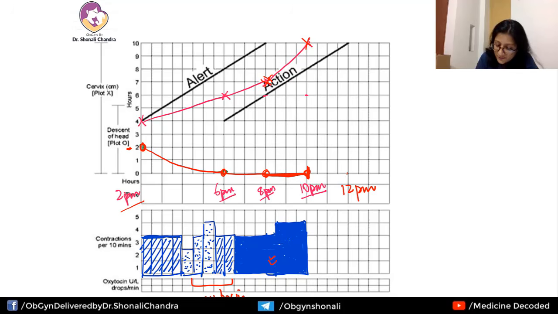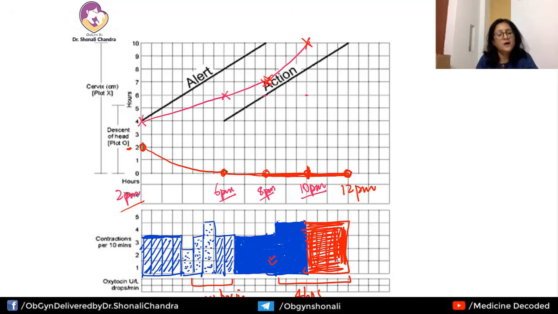At 12 p.m., I find that she is still stuck at 0 station. No change in station has happened and the contractions are still good. So there have been 4 hours of good contractions here, but there is absolutely no descent happening. On PV, we note that there is a caput formation.